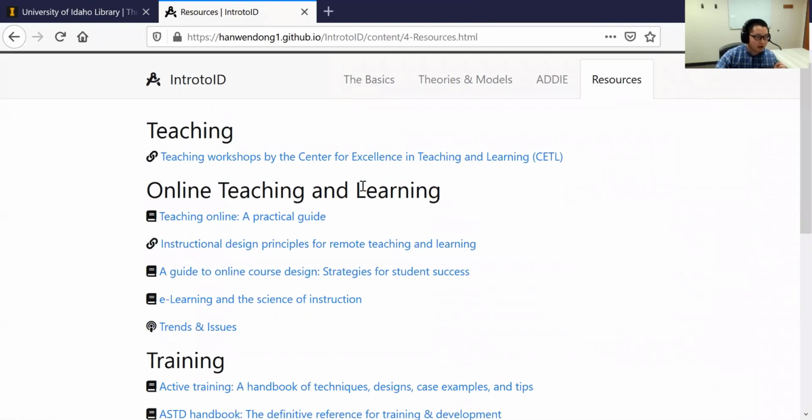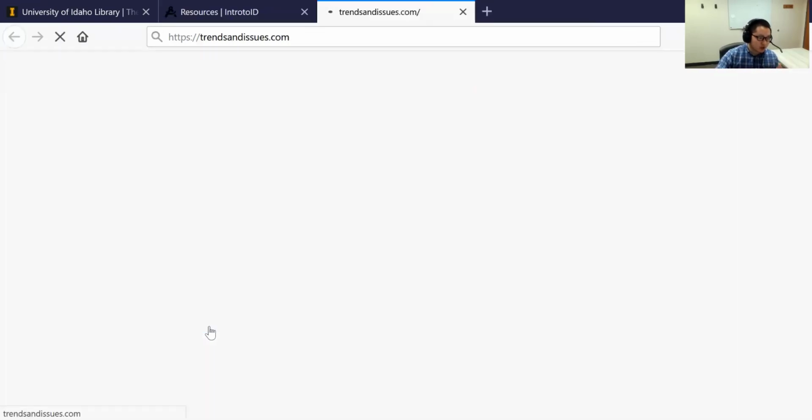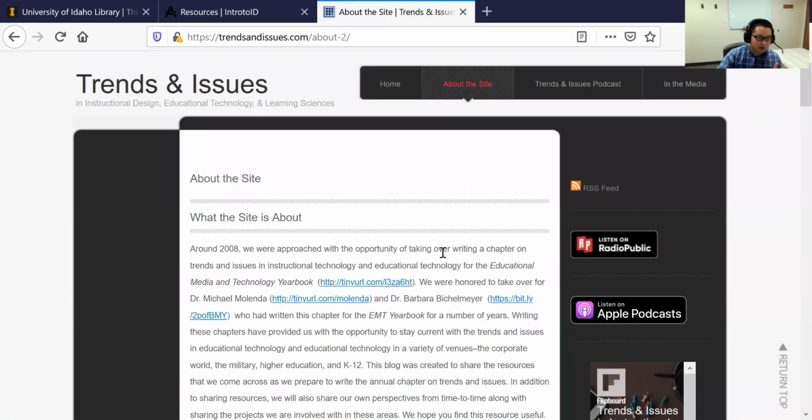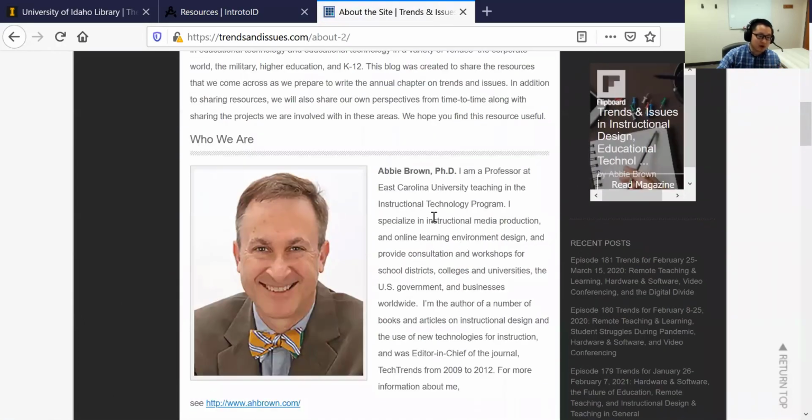Next, we have resources related to online teaching and learning. So we have some books, either from our library or through our Summit resource sharing consortium. There's the Trends and Issues, which is a podcast, which I really liked. The hosts are two instructional design faculty members.